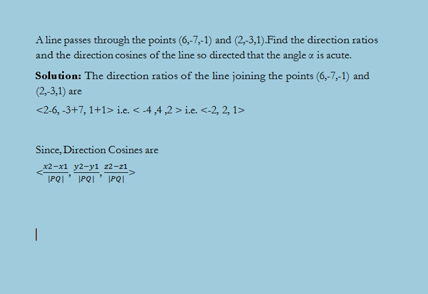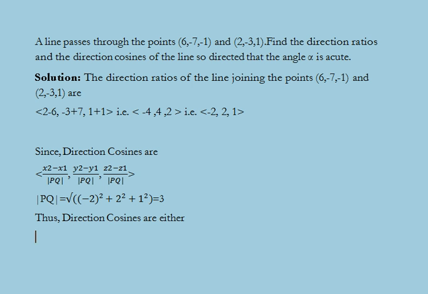Since we have already discussed that the direction cosines are given as x2 minus x1 divided by mod of PQ, y2 minus y1 divided by mod of PQ, z2 minus z1 divided by mod of PQ, where P and Q represent the two given points, we have the modulus of PQ as root of (-2) square plus 2 square plus 1 square, which gives us the value of modulus of PQ as 3.